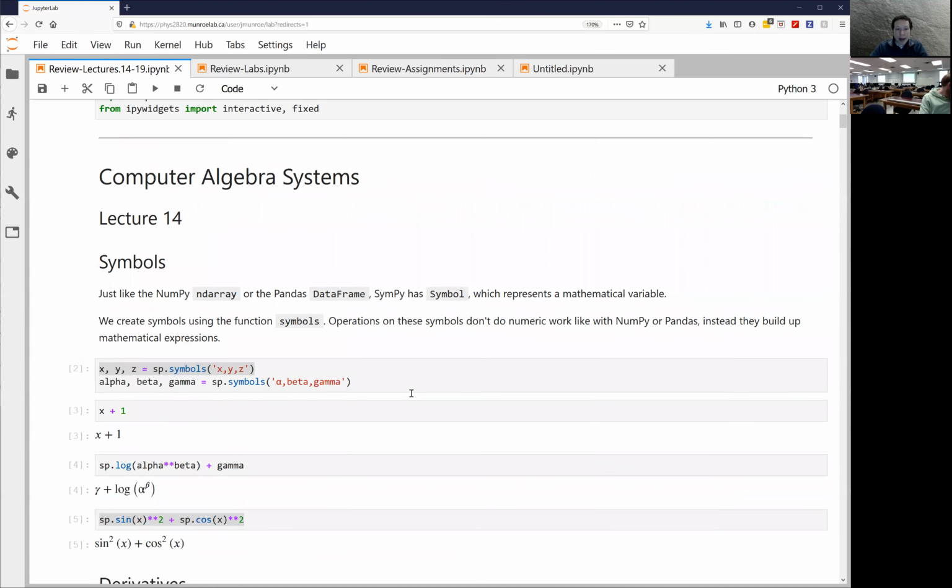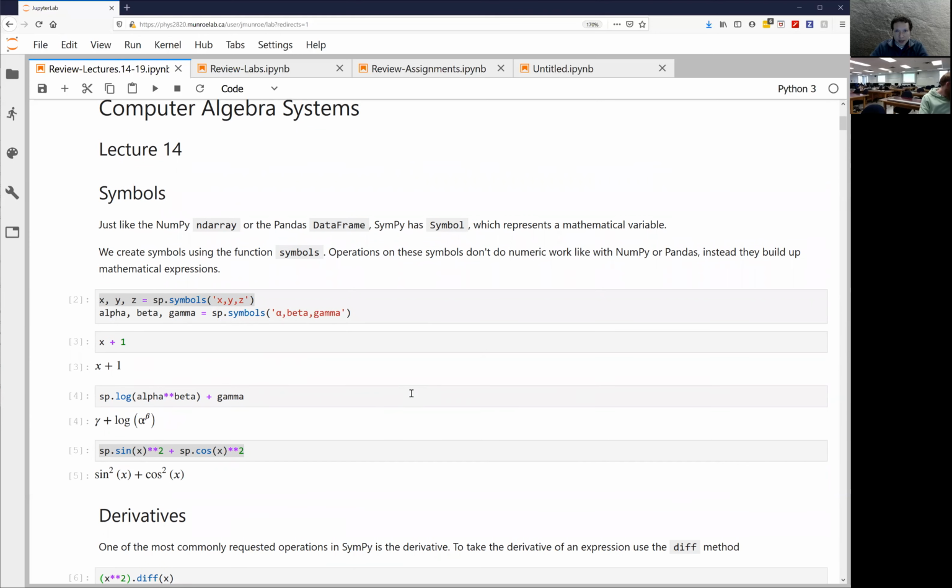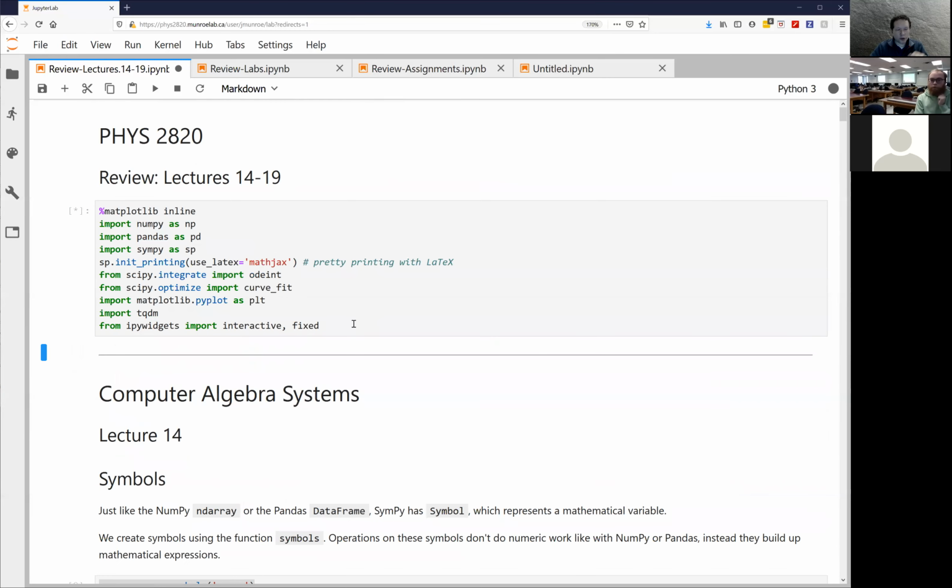Is there anything about how SymPy is being used that we should discuss? Dr. Munroe? Yes, Kayla. So just to be clear, for example, the equation that you gave with ma equal to, what was it? Could you just scroll down to that equation, please? Of course I can.